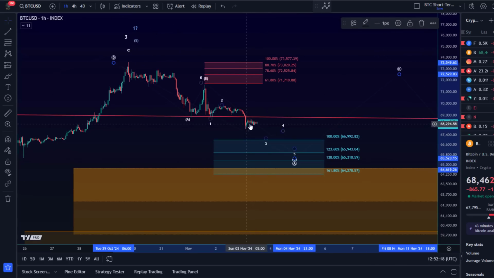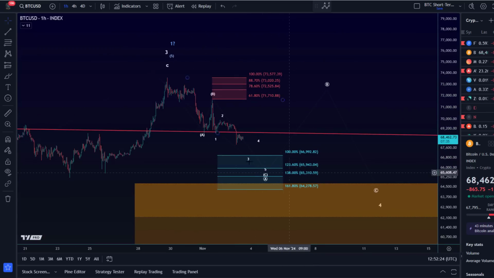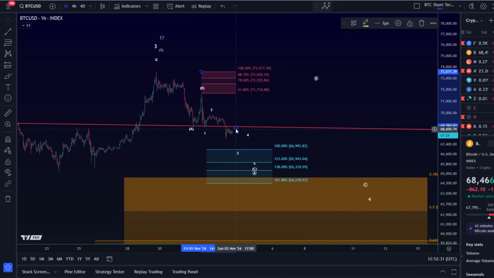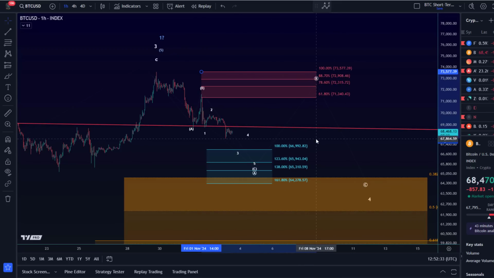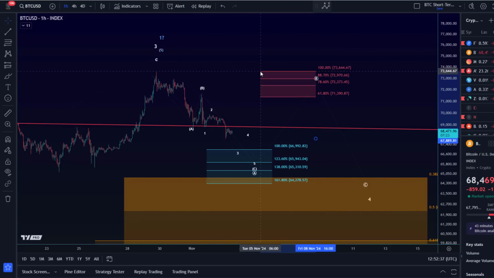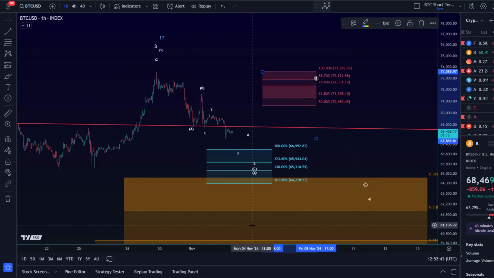But again, there hasn't really been a bounce. It's just sideways consolidation after yesterday's drop. So for now, I don't see any change to the structure. If we break higher from here, then I would track the B wave bounce, the larger B wave bounce. I can already add resistance for this B wave to the chart. This is sort of standard resistance, which would actually start at the 50% fib level, so at around 70,680.